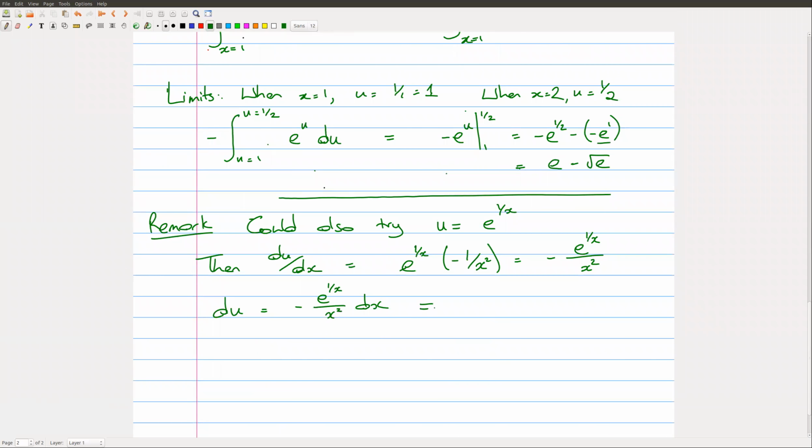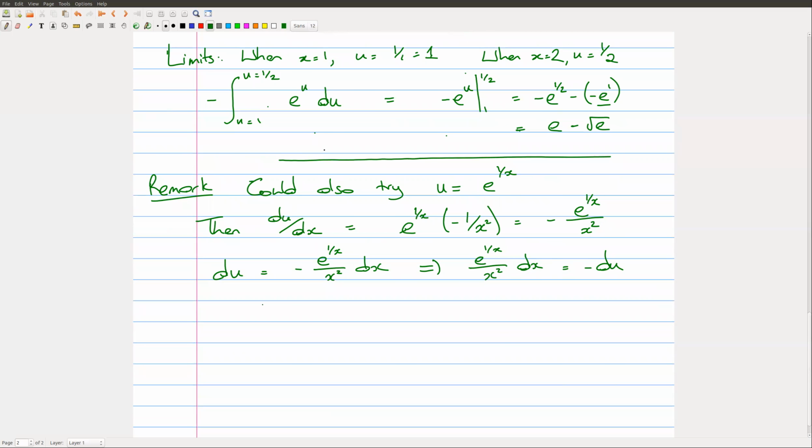So this is saying e to the 1 over x over x squared dx is equal to minus du, and our problem just amounts to minus the integral of du.